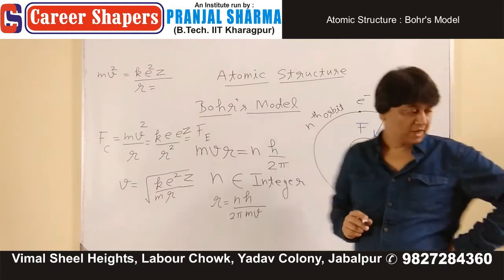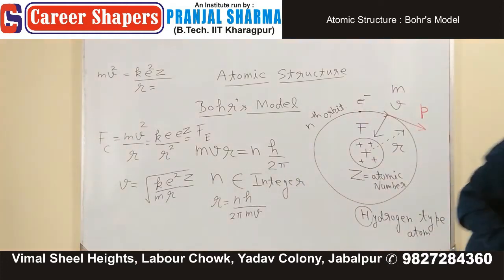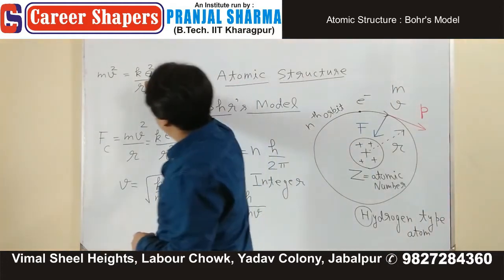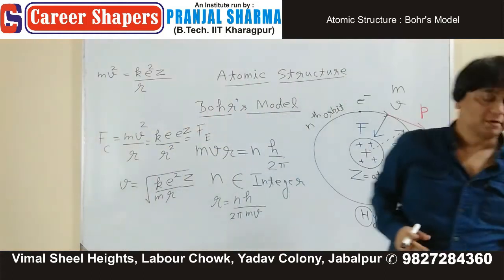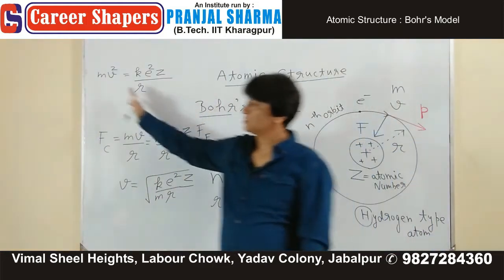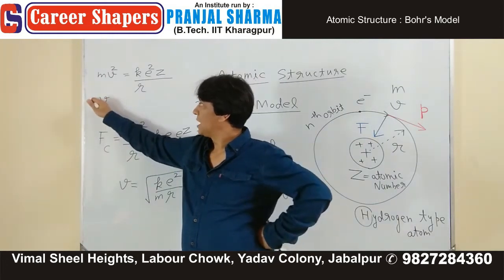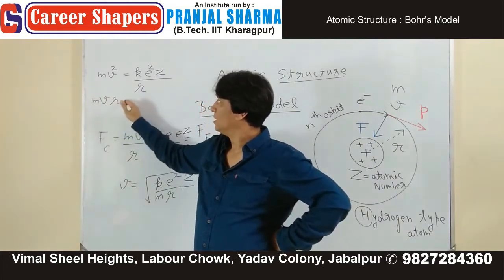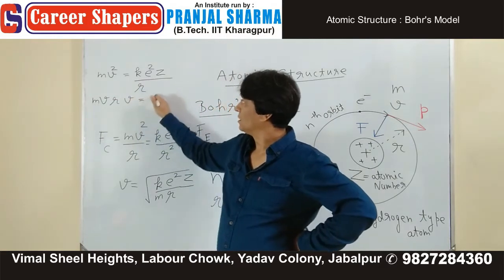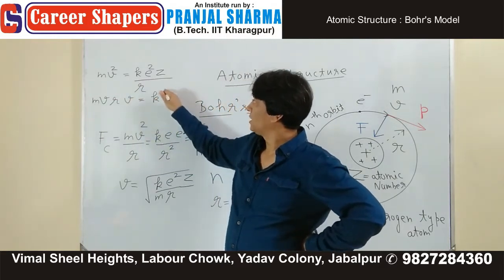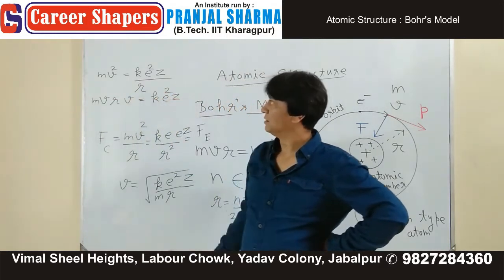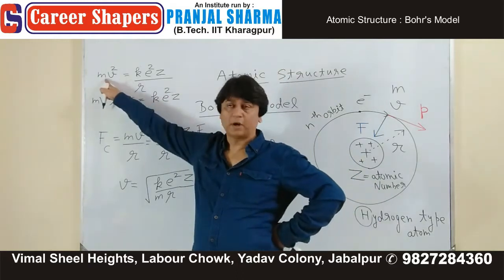Now, let me further simplify this. I can always write this thing in this form: mvr multiplied by V. That is coming K e square Z. Take R over here.